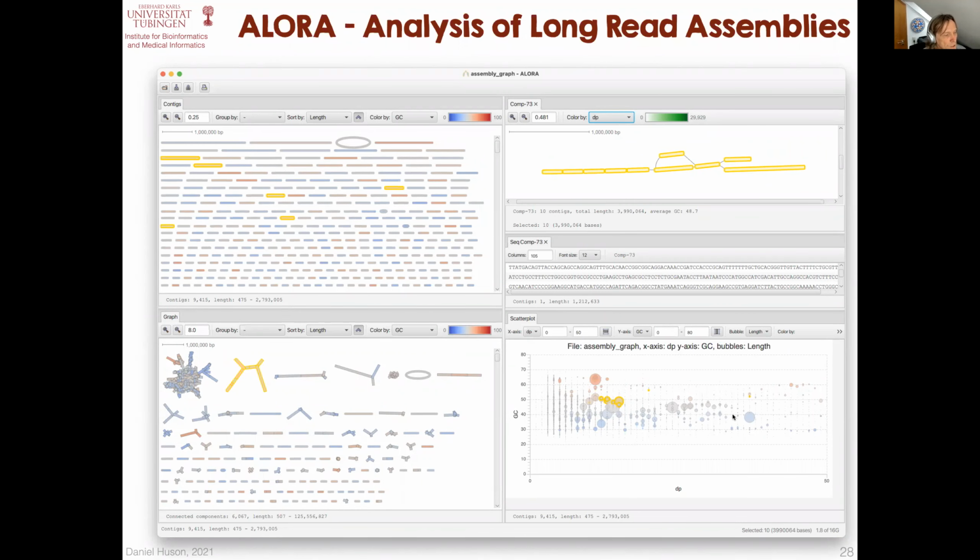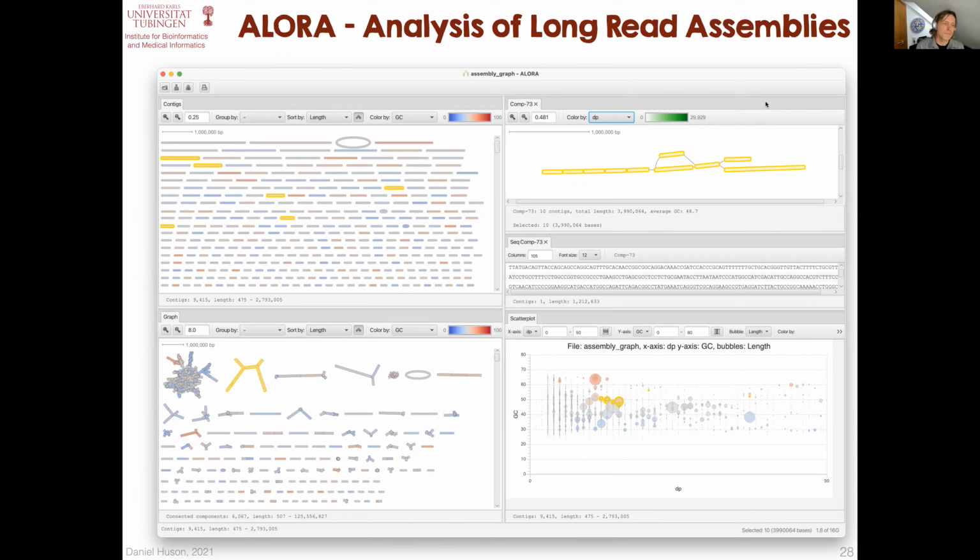And I have a student who's doing a research project who's going to add a lightweight genome browser type view. If you're looking at your contigs in the context of an assembly graph, you might want to see, okay, are there any 16S's on any of these contigs, that kind of thing, or transfer RNAs.